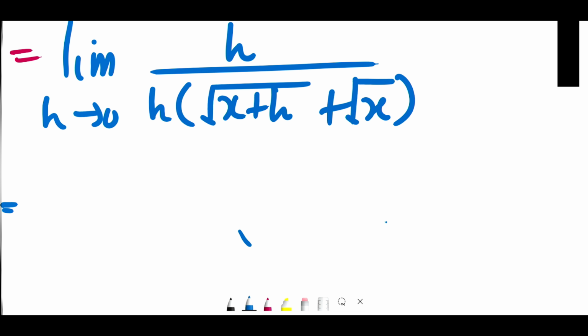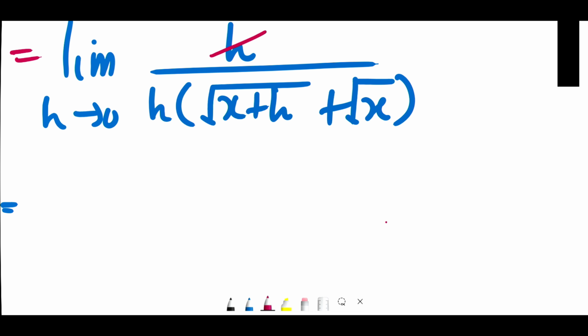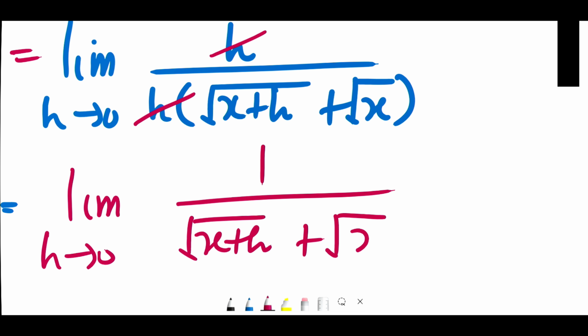So we can now cancel the h. So this h cancels this. We are left with the limit as h approaches 0. Then we have 1 as the numerator. Then in the bracket, we'll be left with square root of x plus h, then plus square root of x.